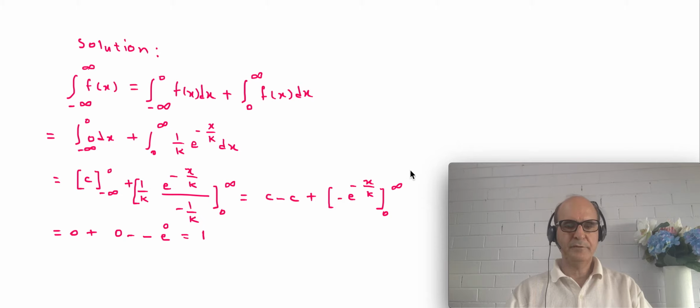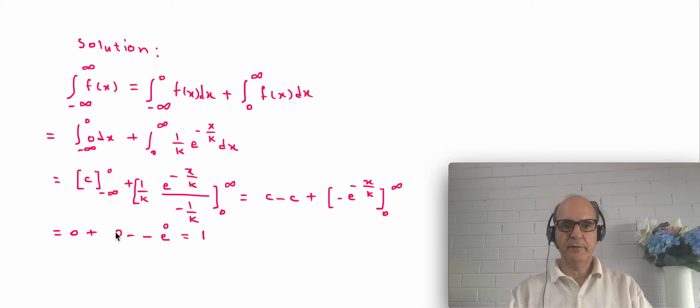Now if we substitute here, if I have infinity for x, that's going to be e to the power of a large negative value. Remember that k also is positive. Infinity over k again is going to be infinity, and this negative makes it negative, so it becomes e to the minus infinity, and e to the minus infinity is 0.